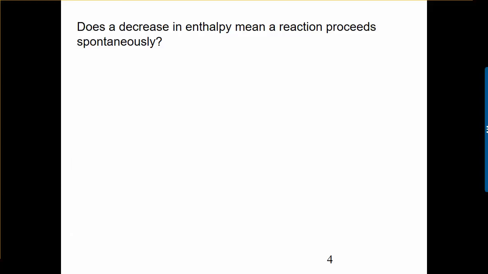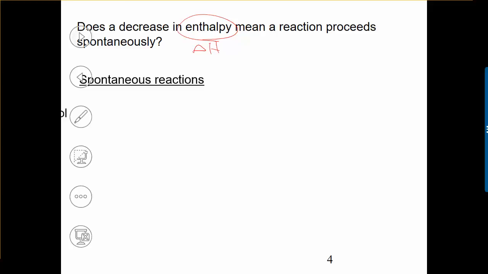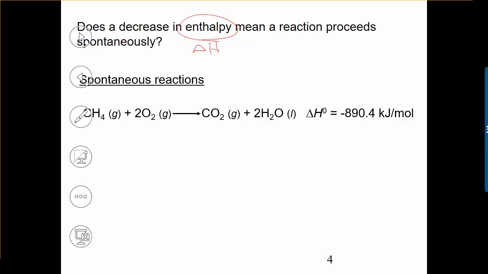Okay. Do you remember what enthalpy is? It's the heat energy. From when you did delta H, delta H is the enthalpy. So does a decrease in enthalpy mean a reaction proceeds spontaneously? What do I mean by a decrease in enthalpy? Delta H is negative, exothermic.